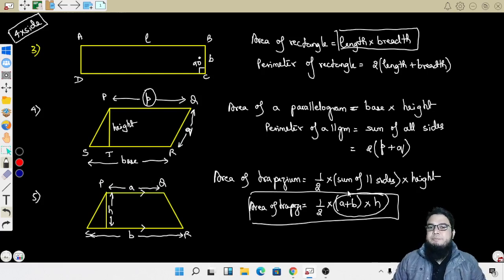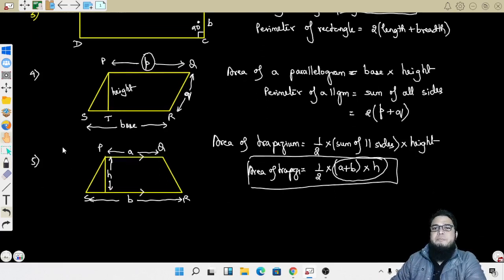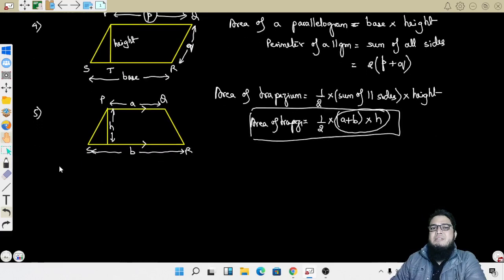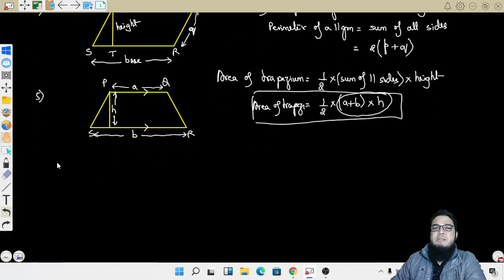Got my point? And if you talk about the perimeter, obviously you are going to sum all four sides. That will be the perimeter of the trapezium. Perimeter means simply the sum of all sides.